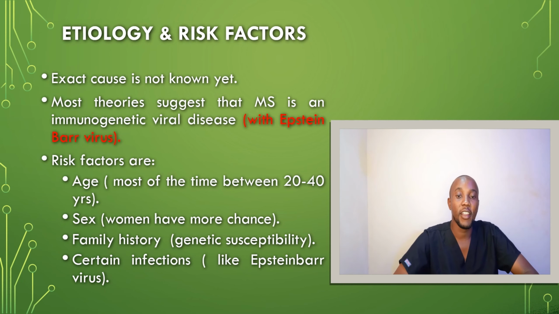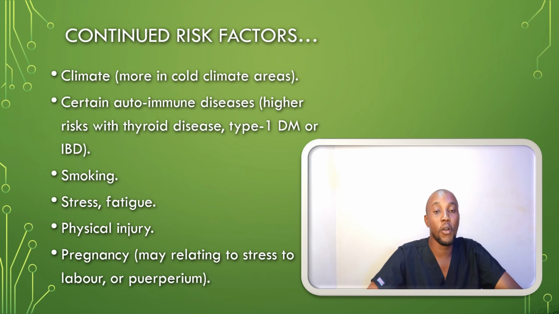Certain infections, especially with Epstein-Barr virus, a virus which can lead to immunogenic viral disease. We have climate, more in cold climate areas. Remember, we have seen it mostly in Europe and North America. We have certain autoimmune diseases, higher risk with thyroid disease and type 1 diabetes mellitus.